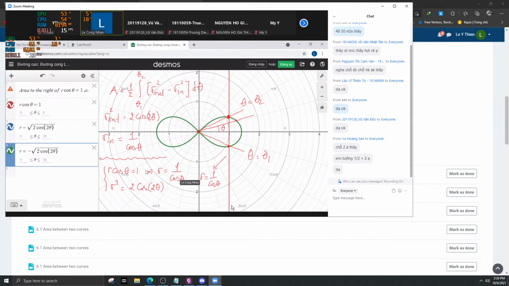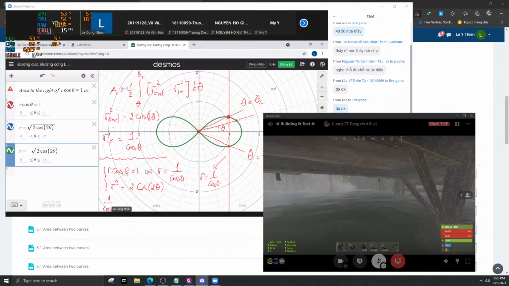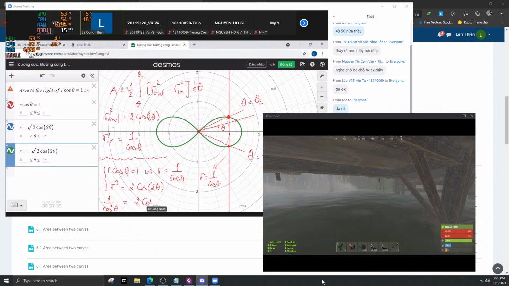So we get 1 over cosine squared of theta equal 2 times cosine of 2 theta. But we remember the identity 1 over cosine squared of theta equal 1 plus tangent squared of theta. On the right hand side, we have the formula.